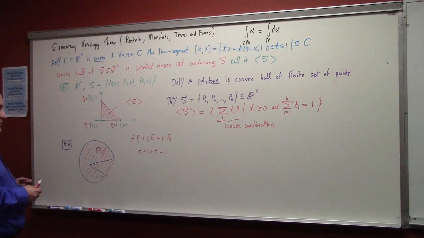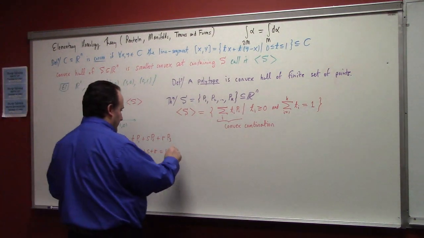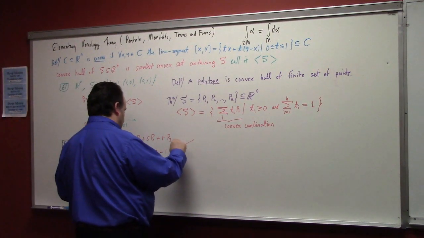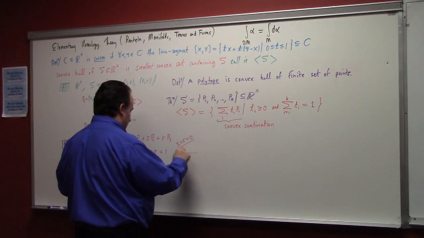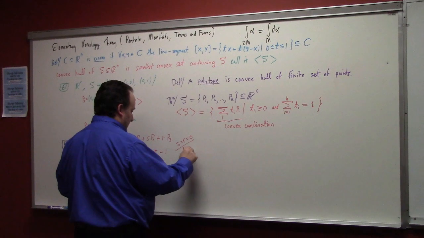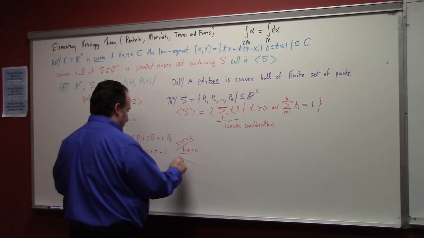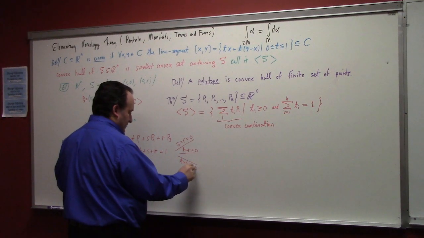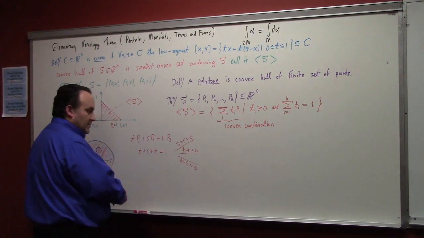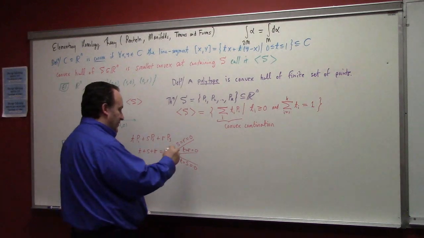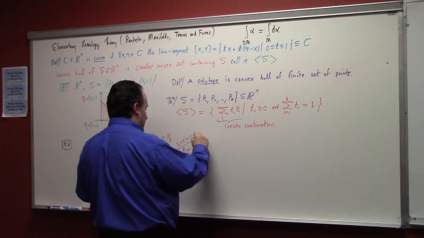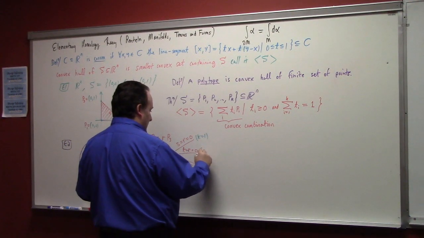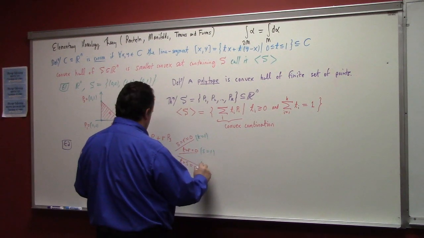So to start with, if you look at special cases, like s equals r equals 0, t equals r equals 0, t equals s equals 0. If that's the case, then the remaining one has to be 1: t has to be 1, s has to be 1, r has to be 1.